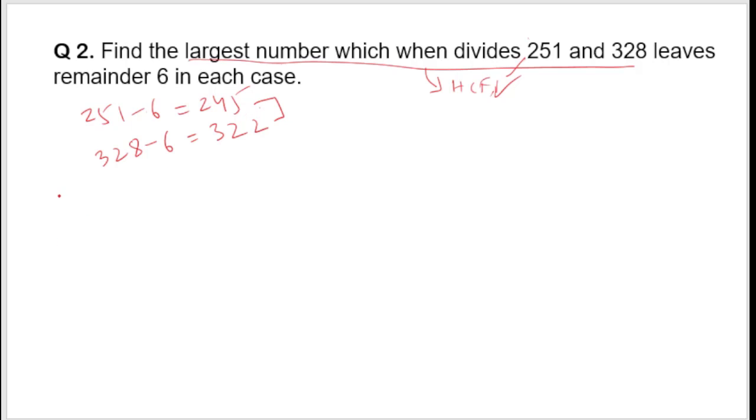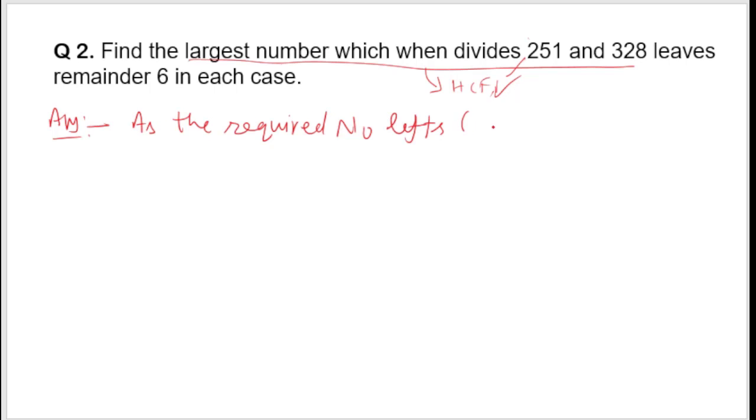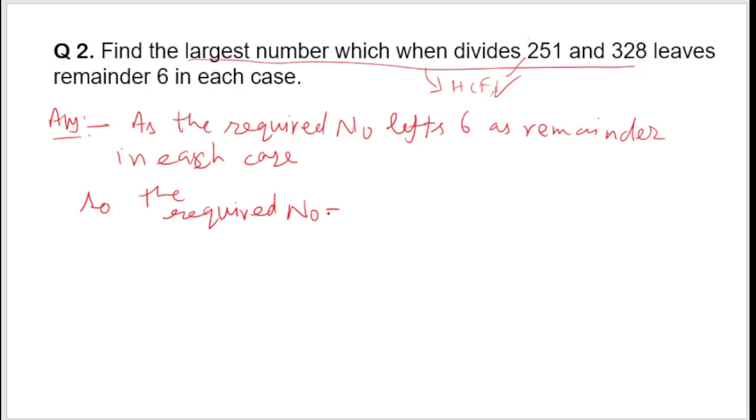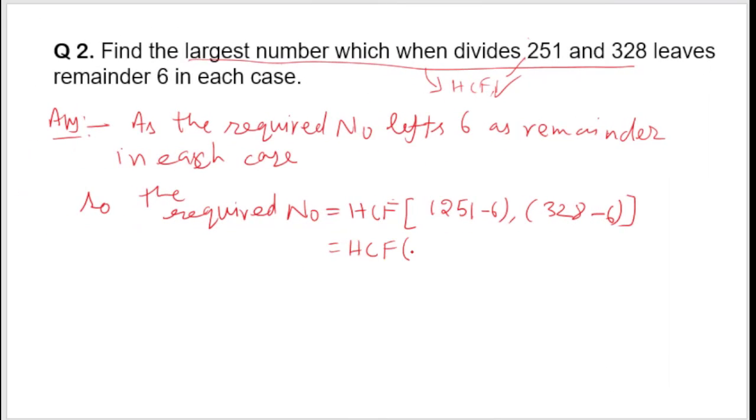So for answering the question, we should write: the required number left 6 as remainder in each case. So the required number equals HCF of 251 minus 6 and 328 minus 6 equals HCF of 245 and 322. So we should write up to this step.